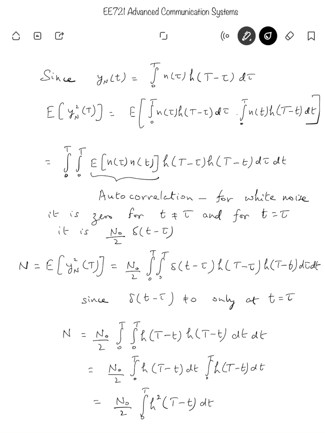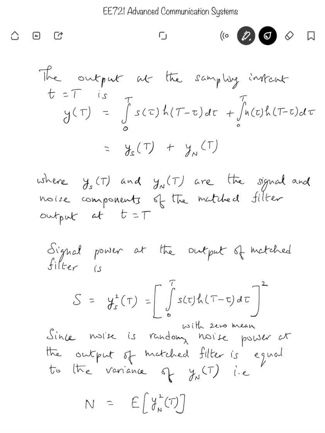So now let's put things together. We first computed the power of the signal component, right? We had the signal component y_s of t, and its power is y_s square of t because it's deterministic, which is given by the square of this integral.